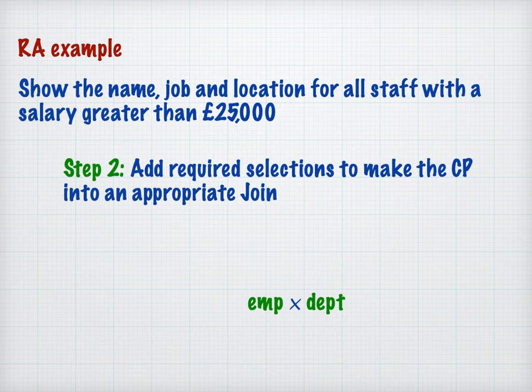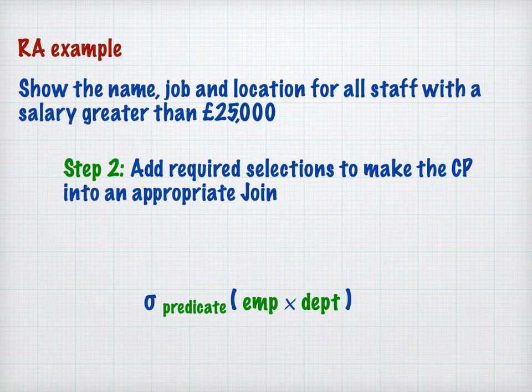The way we overcome that is by adding a selection onto the front, with a condition, with a predicate. With these 2 tables, emp and department, we look for that shared column. We know that there's a department number in both tables. It's a foreign key and a primary key. So we can combine these 2 relations together along with this predicate: where department number from the first relation matches department number from the second relation.